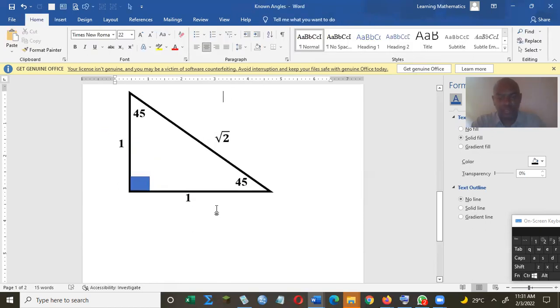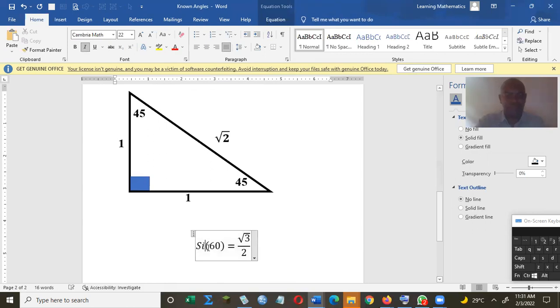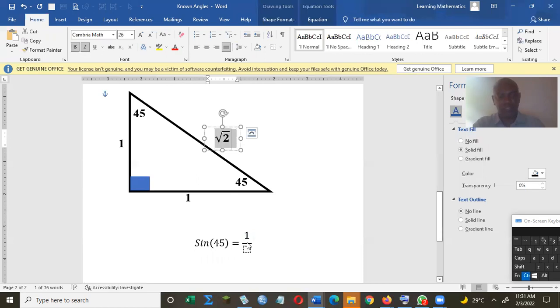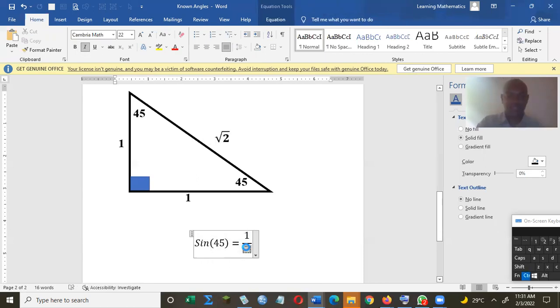Okay, so when you are required to answer questions with regards to the common angles, which are 30, 45, and 60, you can start with: at 30 degrees, the side opposite to 30 degrees is half of the hypotenuse, and at 45 degrees, the side opposite is the same as the side adjacent.